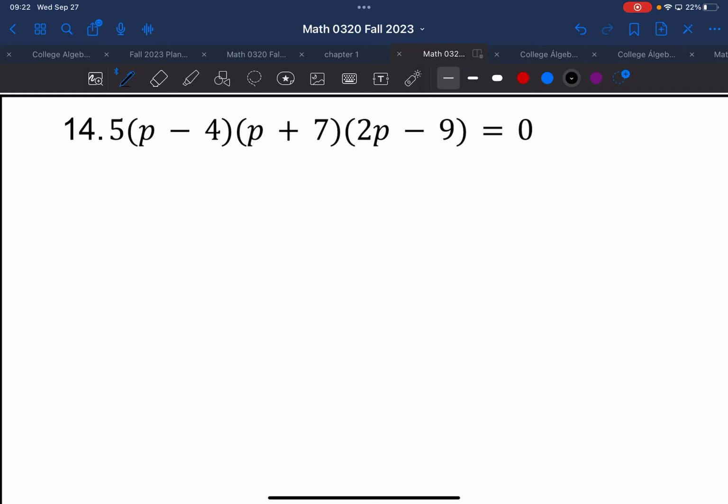Okay, as you're working on the problem, I'm gonna go ahead and start setting it up. So I'm setting everything equal to 0.